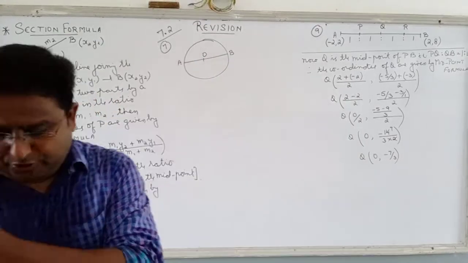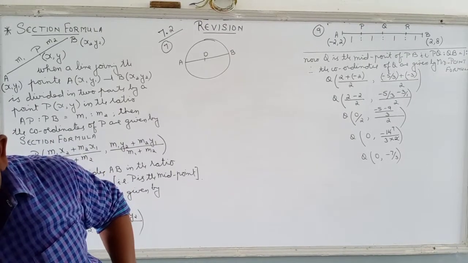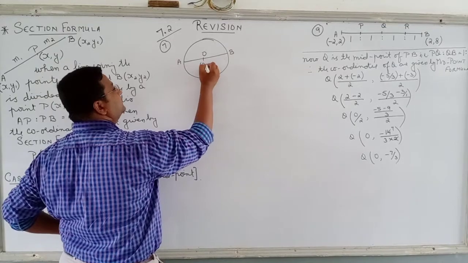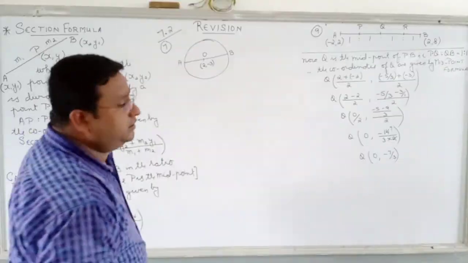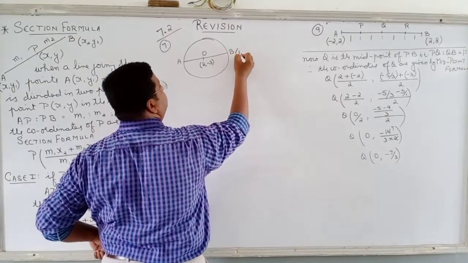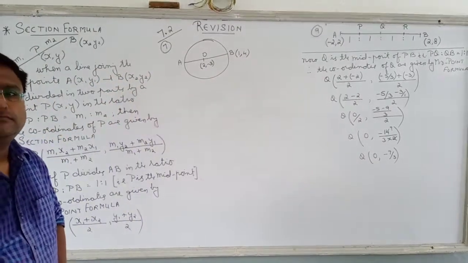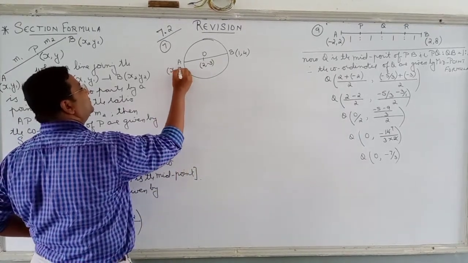Center is given by the point O. Let us say find the coordinates of A when AB is the diameter of a circle whose center is (2, minus 3) and B is (1, 4). Can you see that? Isn't it? So he is telling us to find these coordinates x1 and y1.